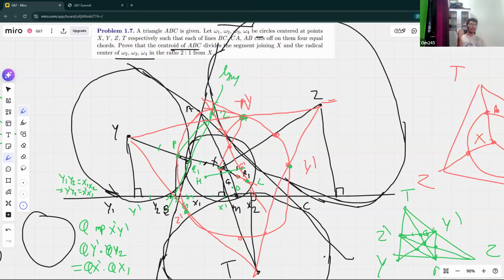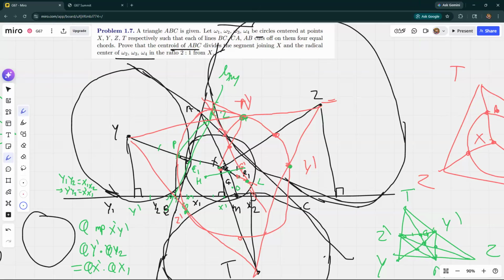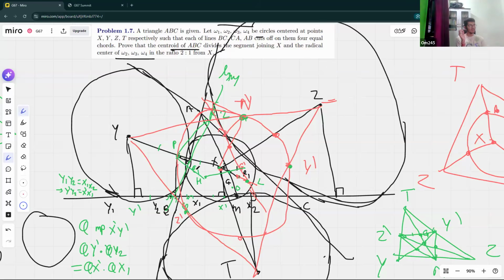Wait, aren't they already so? This Simpson line should bisect XY, right? No, the Simpson line bisects HP. Sorry, HP, yeah, that's right. It bisects HP. And after the homothety, it will perpendicularly bisect XY.